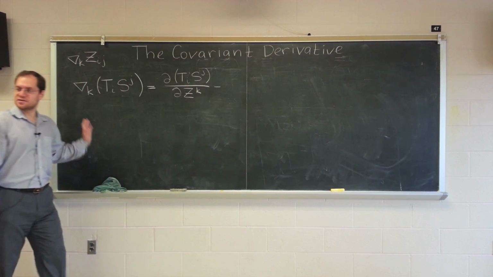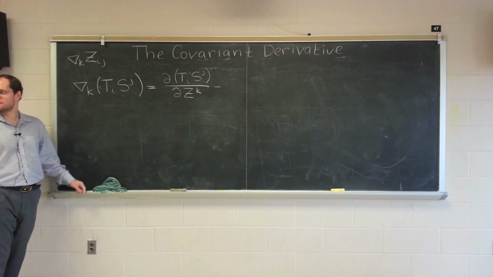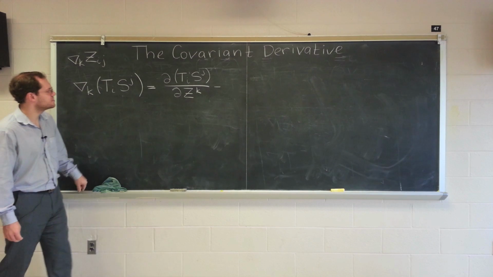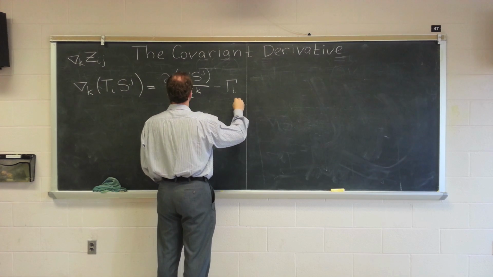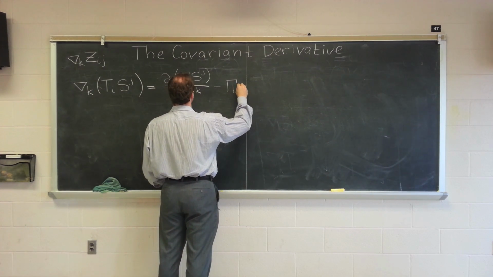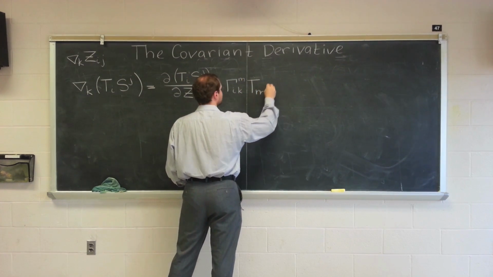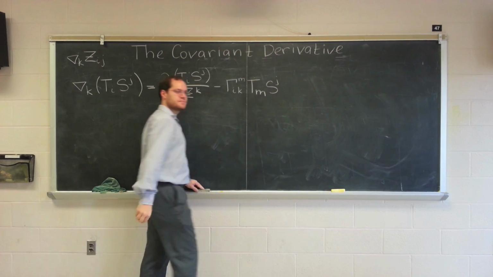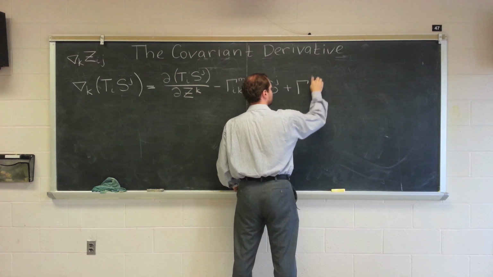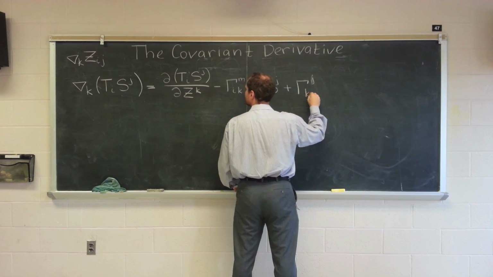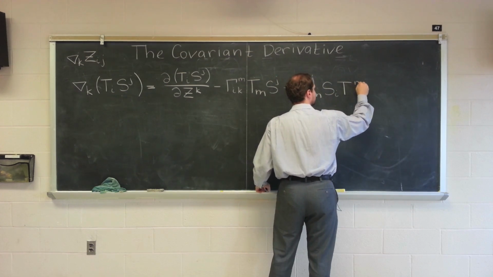All of this works for variance with scalar components and variance with vector elements. So i is upper, so it's plus gamma i k m T^m, with S_j untouched. And because this j is lower, it's minus gamma m k j S_m, with T^i untouched.